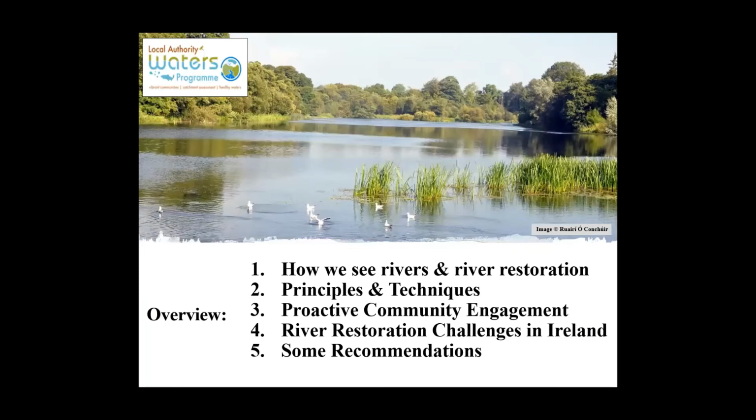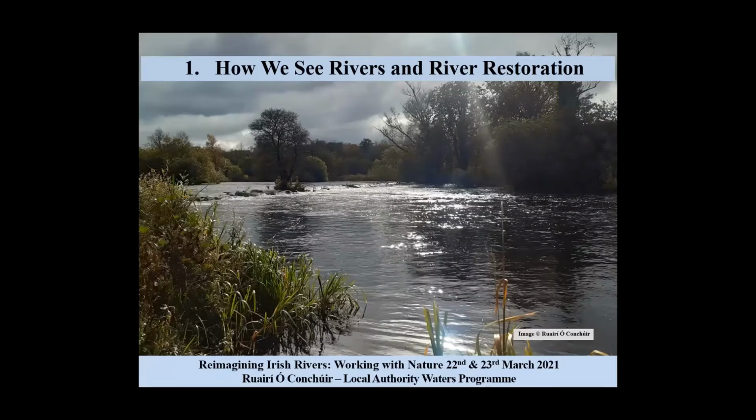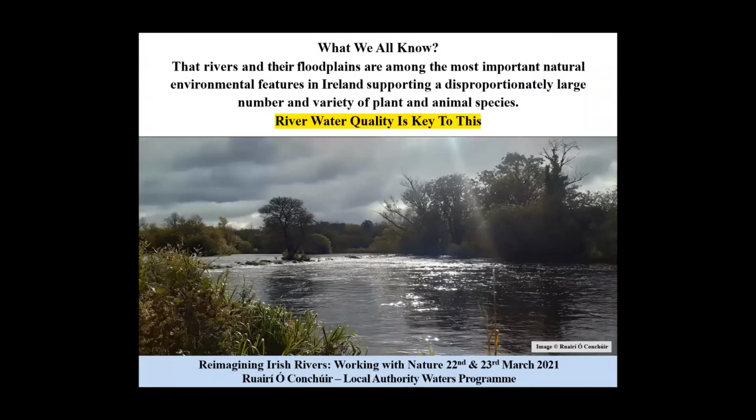So how we see rivers, how we perceive rivers, and how we see river restoration. I think we all know the rivers and their features in an Irish context. So river water quality is key to this. It's not the only aspect, but it's certainly key, because good river water quality supports a large variety of plant and animal species.